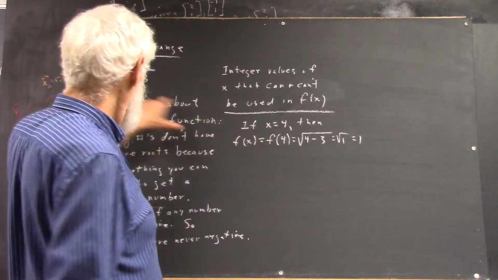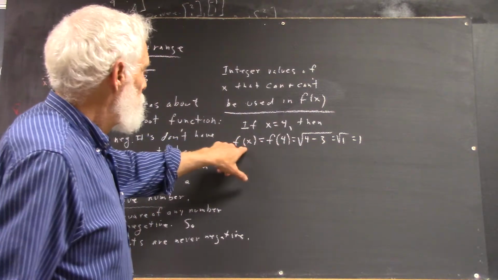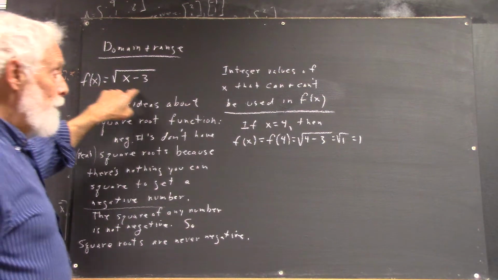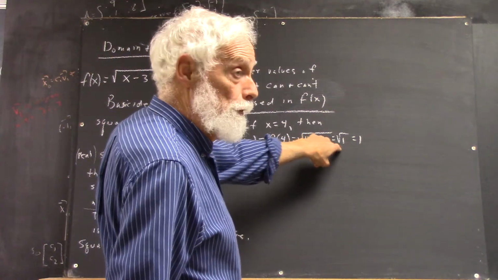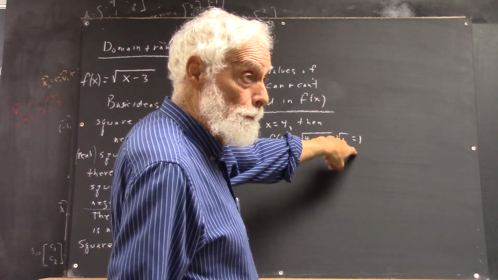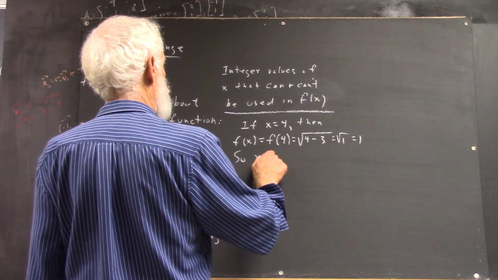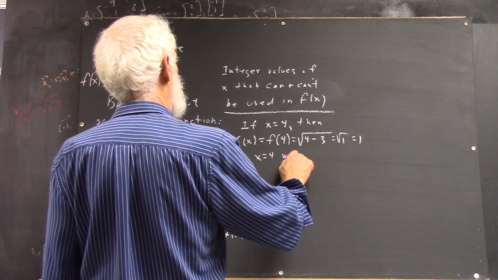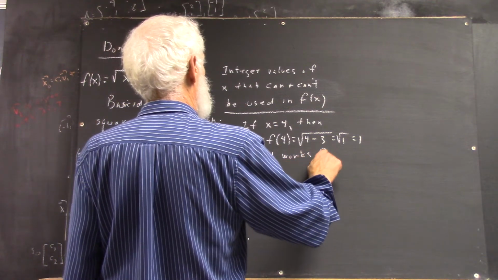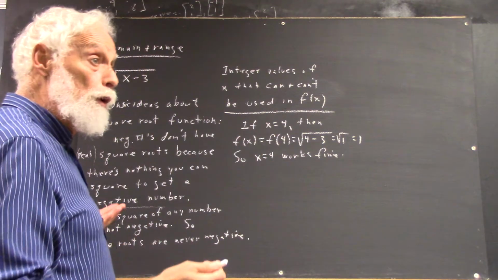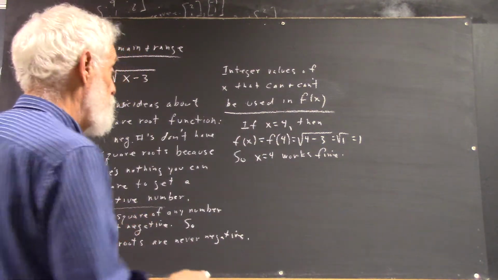And that means that you've replaced x by 4, so you'd better replace this x by 4, right? Giving you the square root of 4 minus 3, which is square root of 1, which is 1. So f of 4, so x equals 4 works fine. So x equals 4 is in the domain.